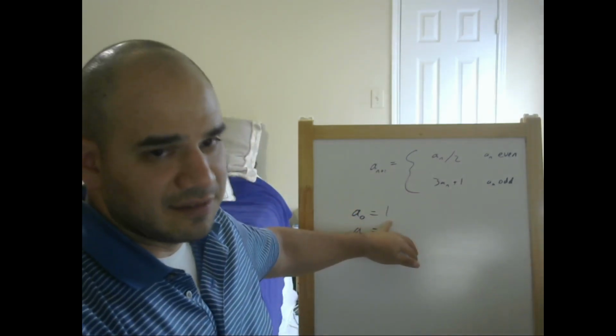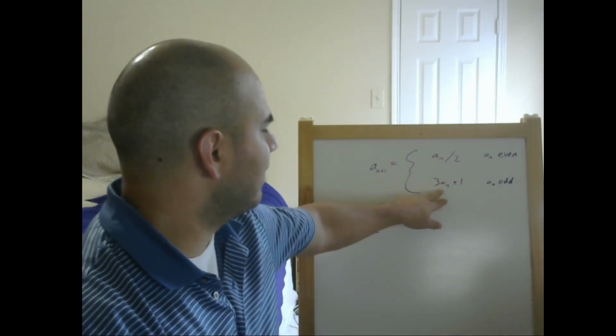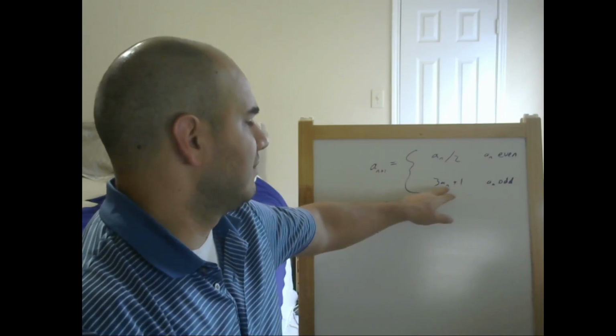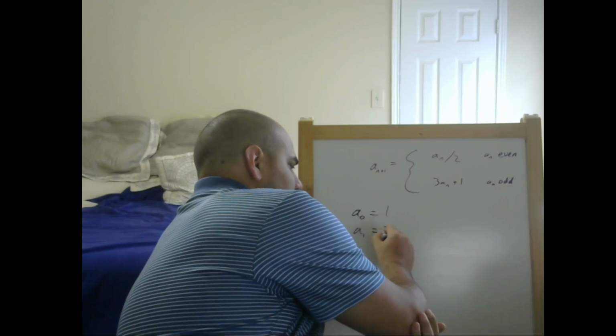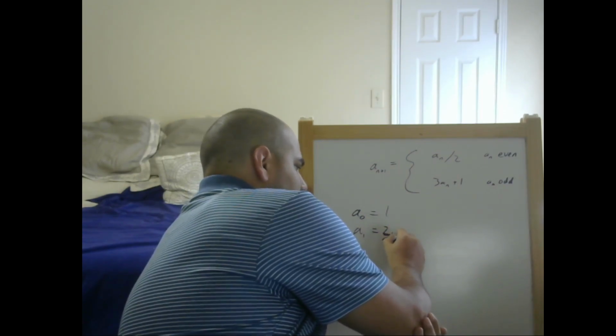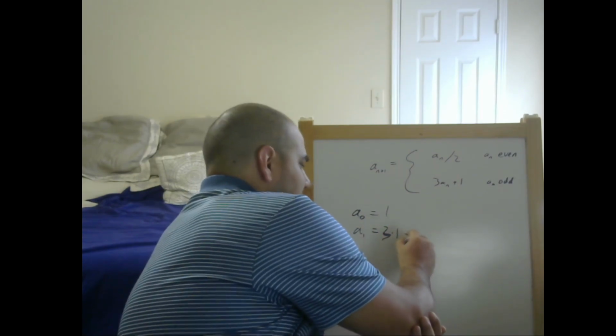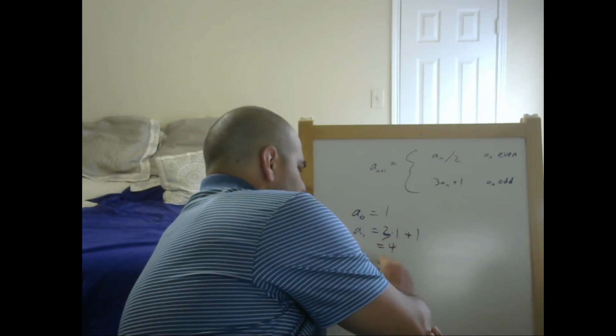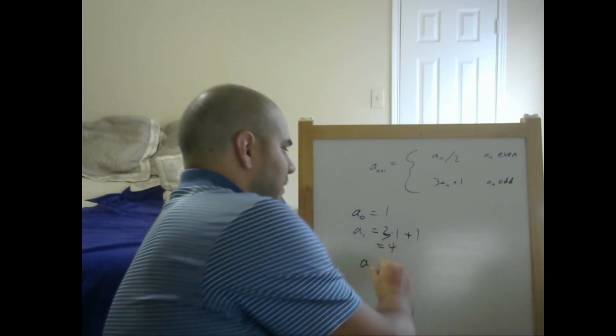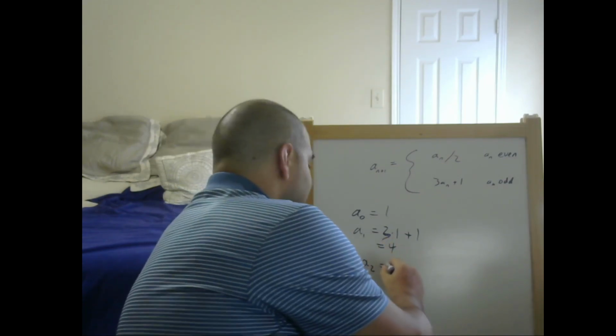So if your initial choice is 1, then you execute the odd branch, right? So 3 times 1 is 3, plus 1 is 4. This is even, so we cut it in half.